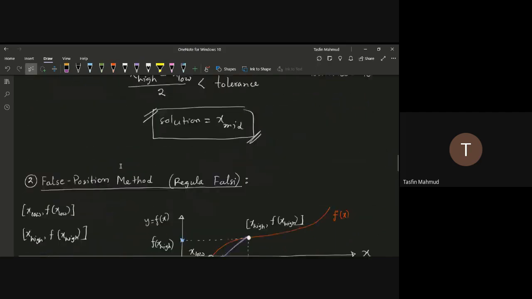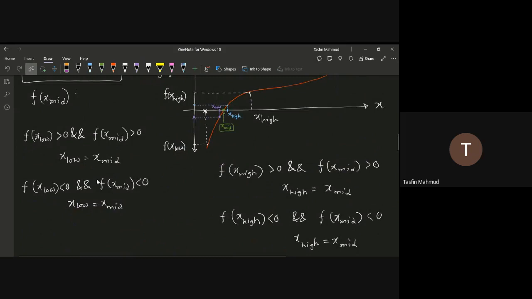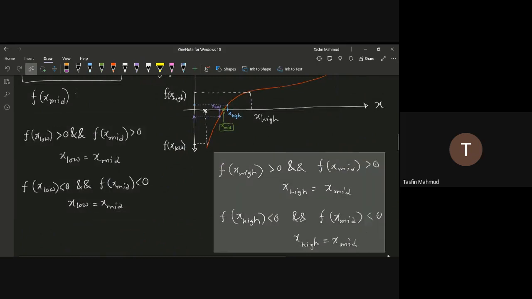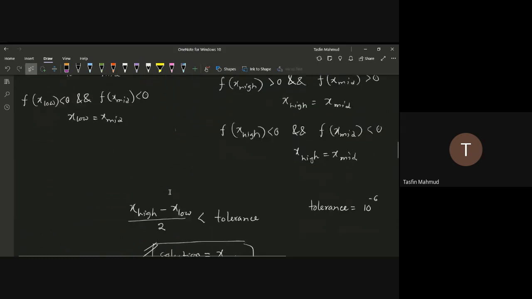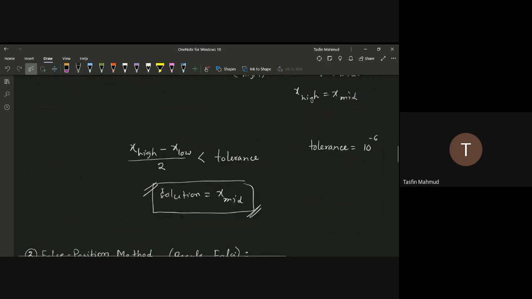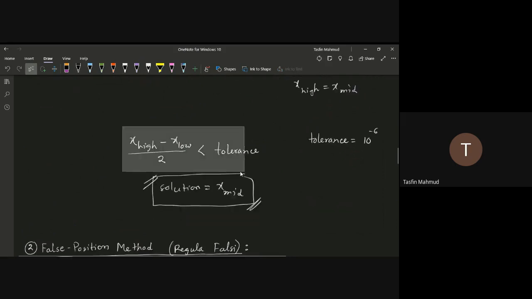We will continue to do these checks, and whenever we reach a very small value, when this difference is less than our tolerance, we will stop our iteration, and our solution would be the determined x mid.